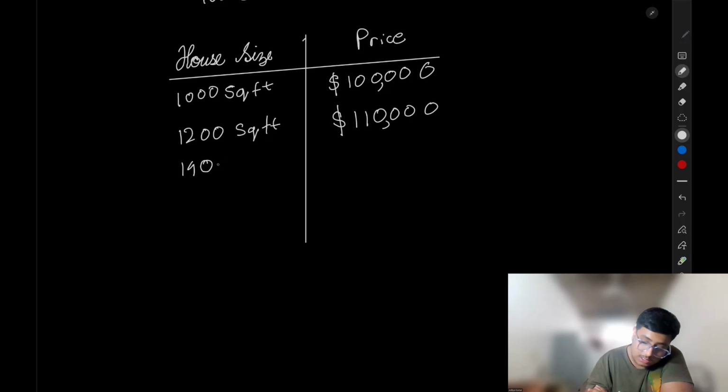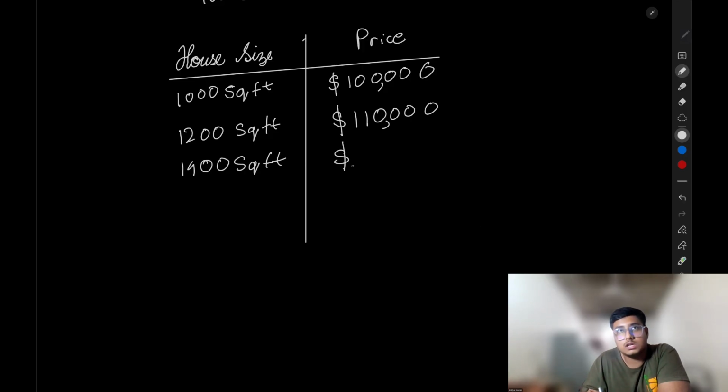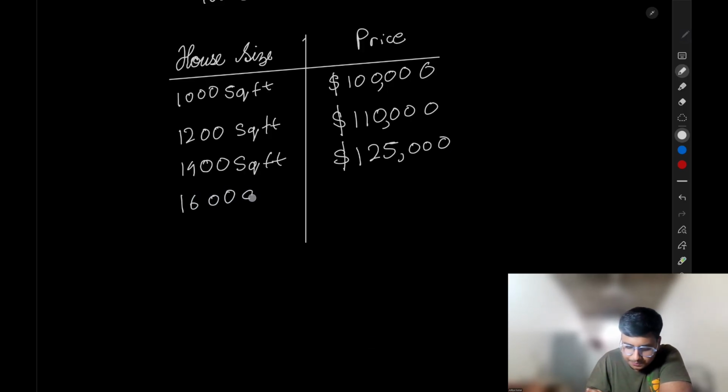If the house size is 1400 square feet, let's not follow the pattern here. Let's change the price to $125,000. If the house is 1600 square feet, again we are not going to follow the pattern. Let's change the house price to $150,000.